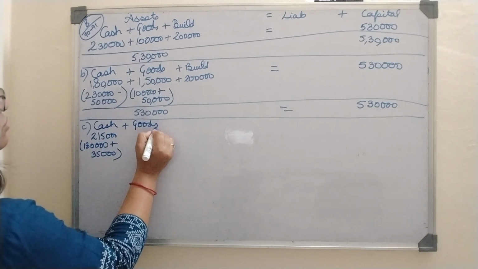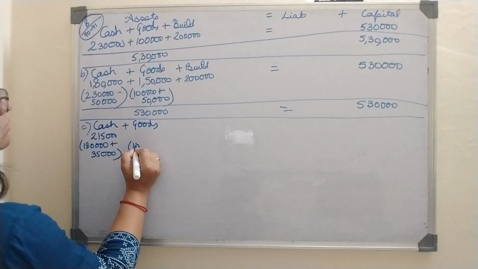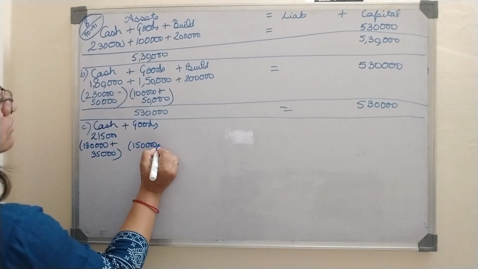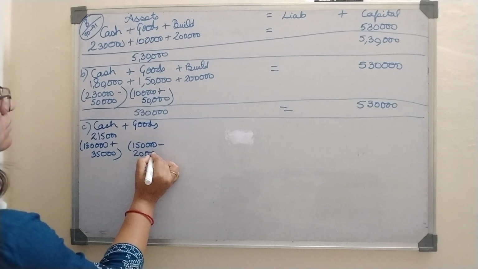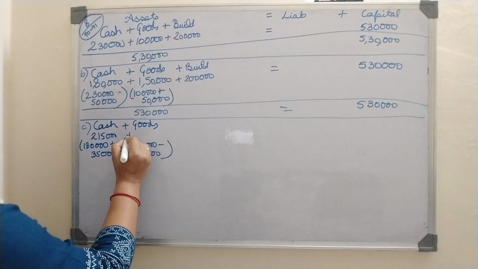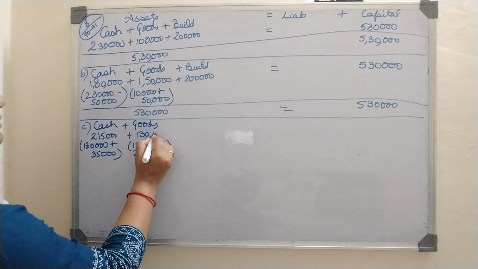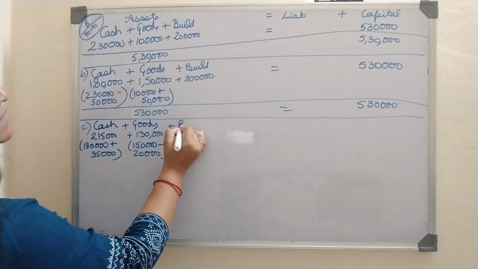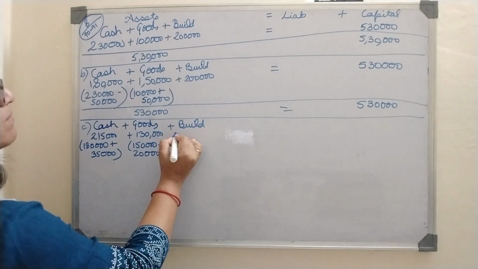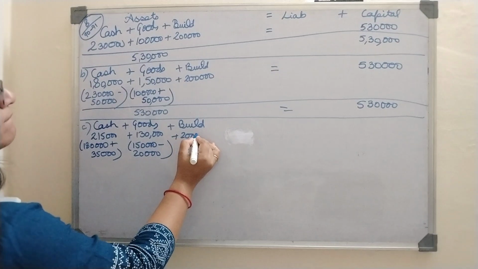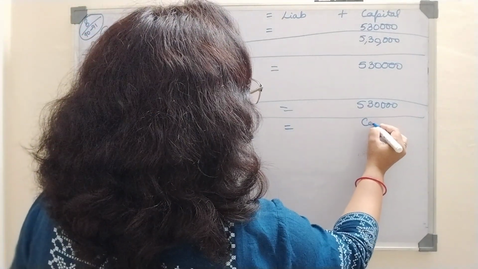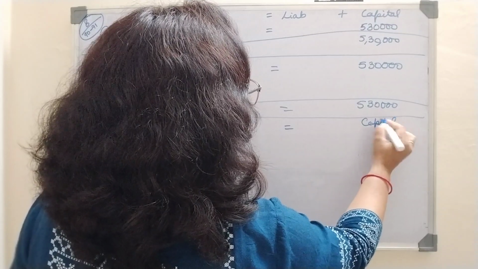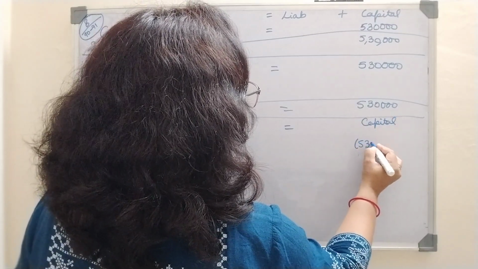Then goods are sold, so goods will be reduced. 1,50,000 minus goods costing 20,000 comes to 1,30,000. Building will remain the same, 2 lakh.